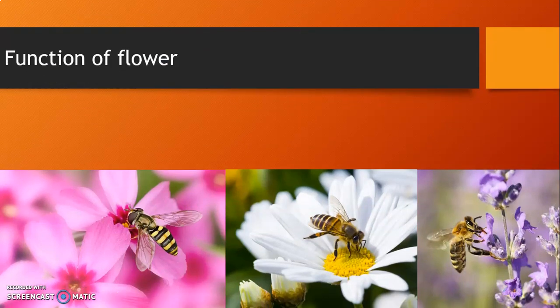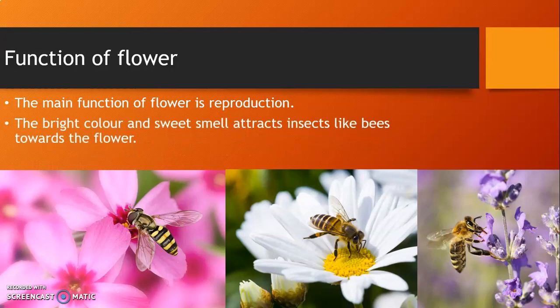So let's discuss the function of the flower. The main function of a flower is reproduction. Reproduction means multiplying, like from one plant it will multiply into more plants through the seed. The bright color and the sweet smell attract insects like bees towards the flower. These insects help the flower in reproduction.